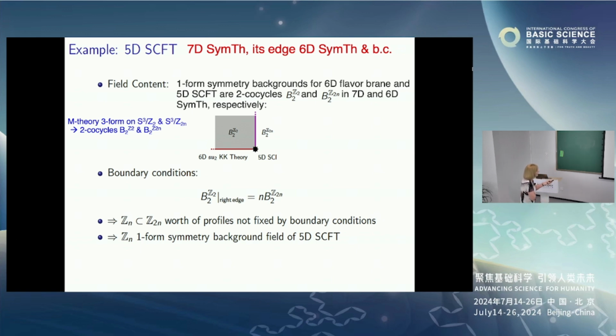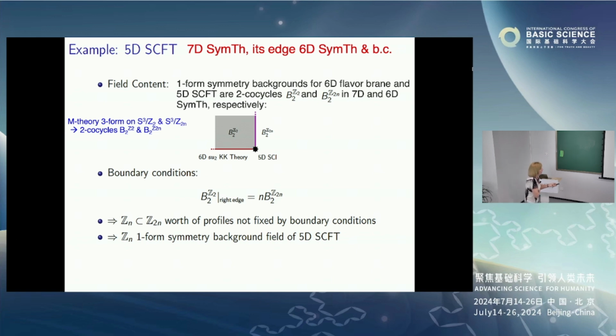And again, this is all obtained by doing this M-theory reduction, in this case of the 3-form of F-theory, down to these symmetry theories and obtaining the corresponding 2-cocycles that source one-form symmetry in the branes and one-form symmetry in the conformal field theory. And now there is a boundary condition in this nested theory.